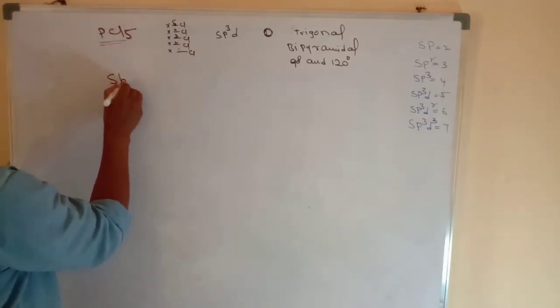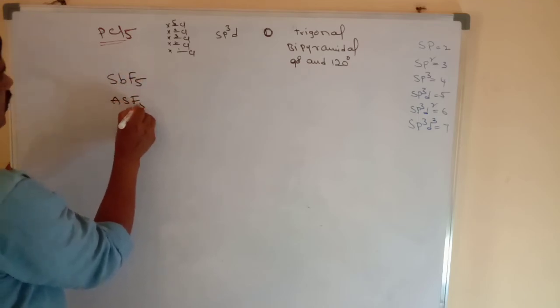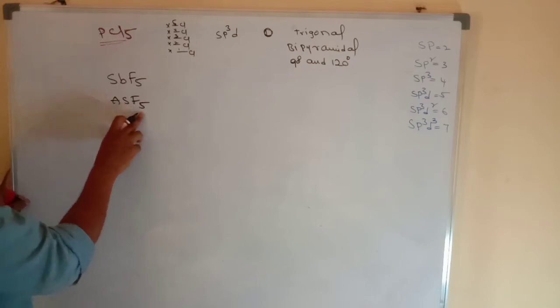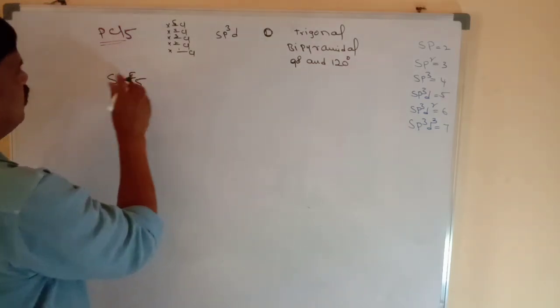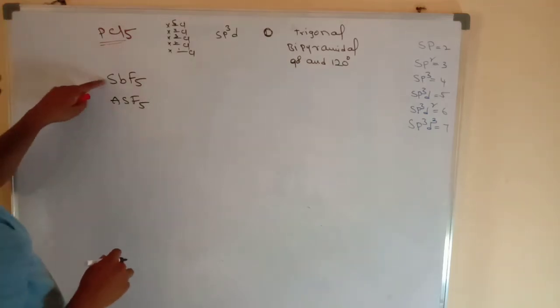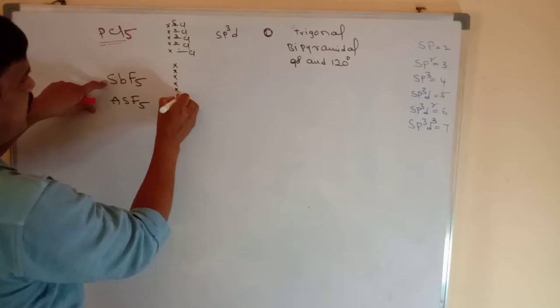For example, SbF5, AsF5. Okay, arsenic pentafluoride and antimony pentafluoride. Antimony is also in the 5th group, so write 5 dots.